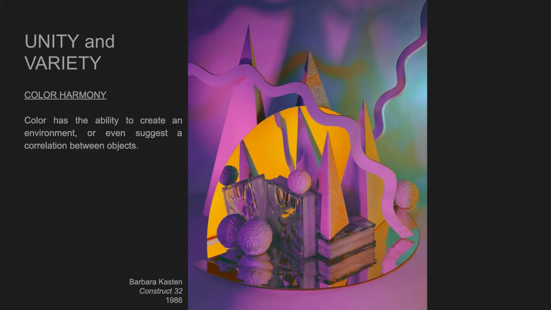What is the significance of yellow as opposed to the purple, green, and blue? Well, yellow is the opposite on the color wheel. It is the complementary color to purple. So because it's in such a purplish environment, it really jumps out at the viewer.